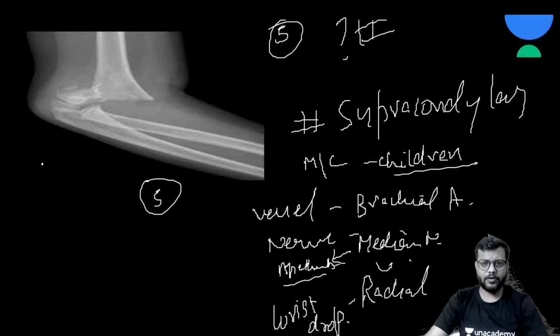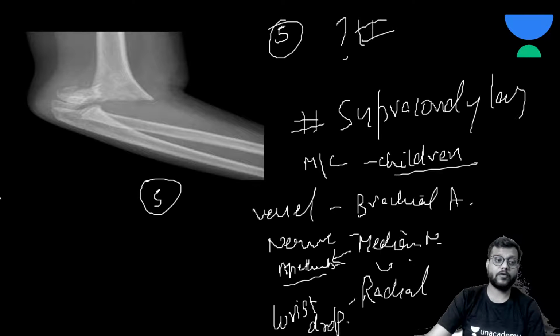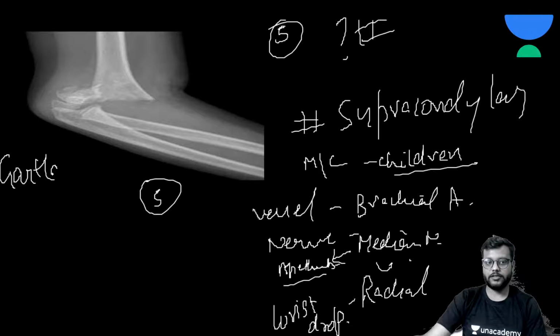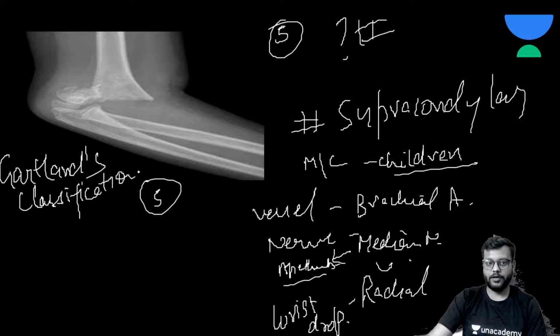So this is about the supracondylar. And one more thing, there is a specific classification of supracondylar fracture of the humerus. It is Gartland's classification. Okay, it is of 3 types.